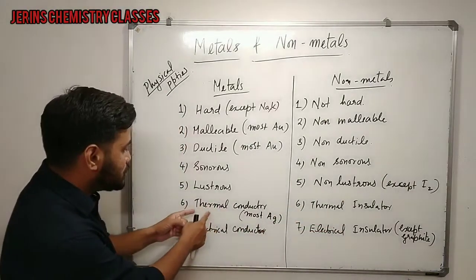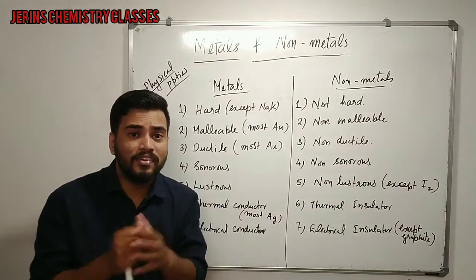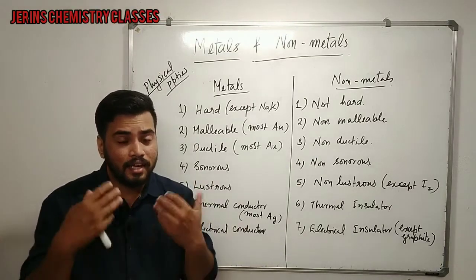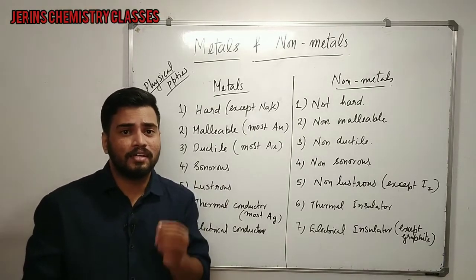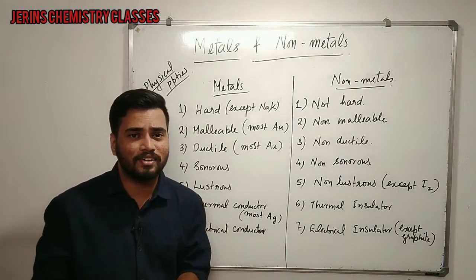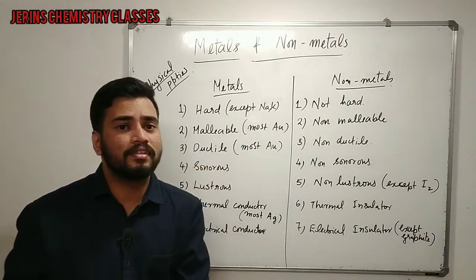And here you can see that for thermal and electrical conduction, silver is the highest among them. It can carry heat and electricity. But silver is expensive, so we are not using it as a conductor of electricity. Second is aluminium, which also has the same property.